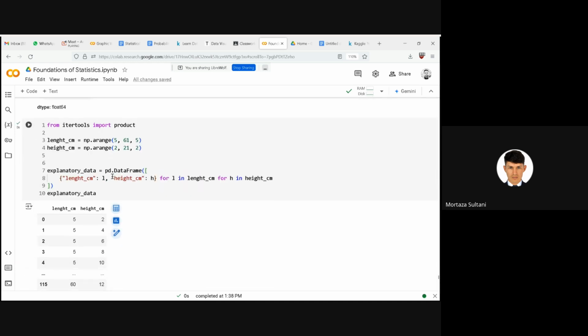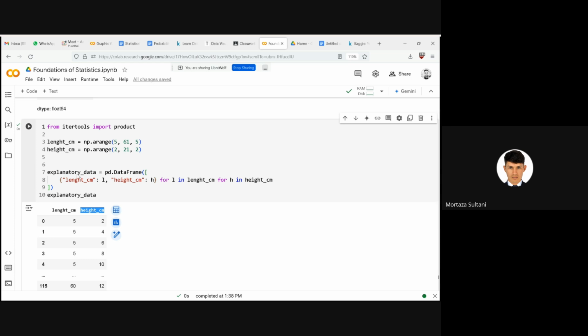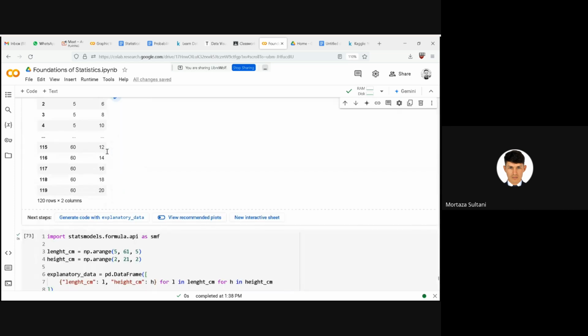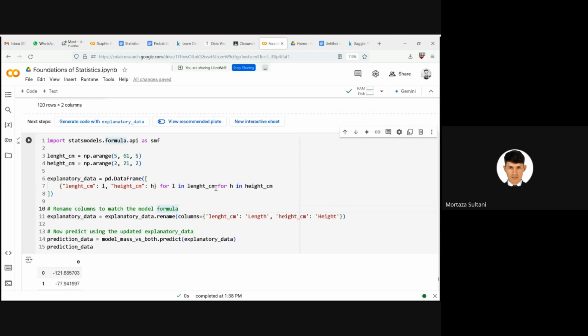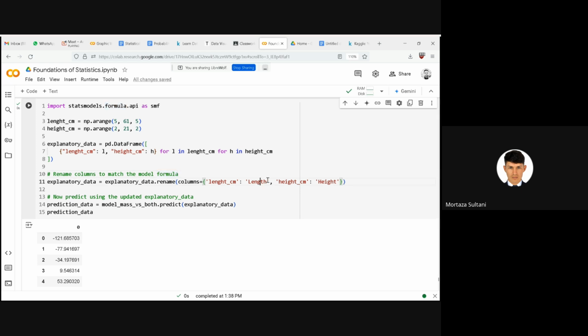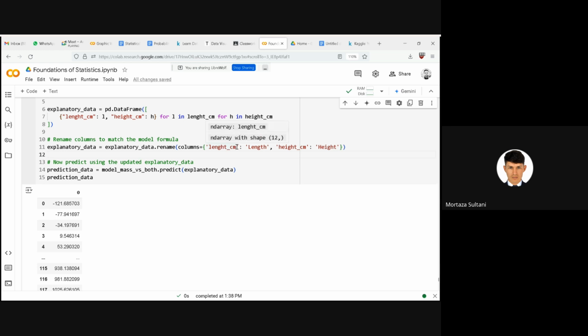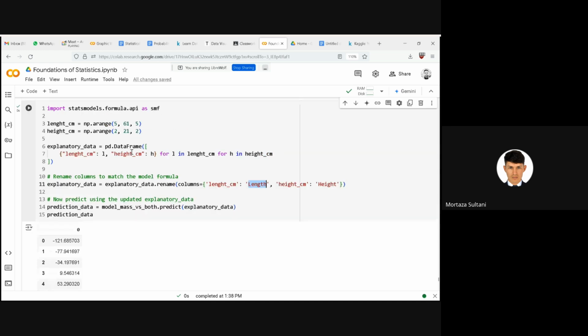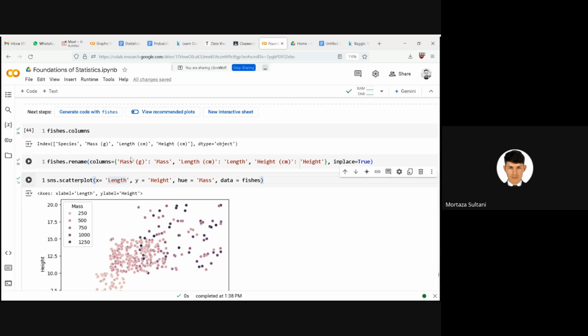This data frame that we have generated, with length centimeter and height centimeter, is a new data frame generated as an assumption. After generating it, it has to be renamed back to match the main data set, because the model doesn't understand length centimeter. The model understands only length, which was generated based on that model.